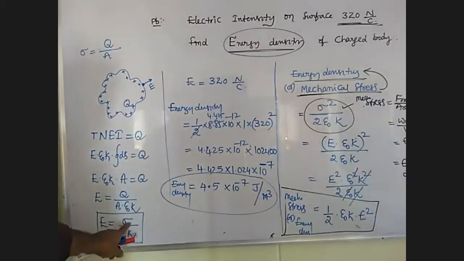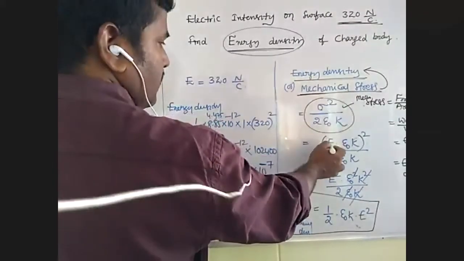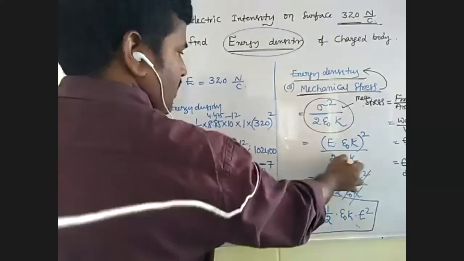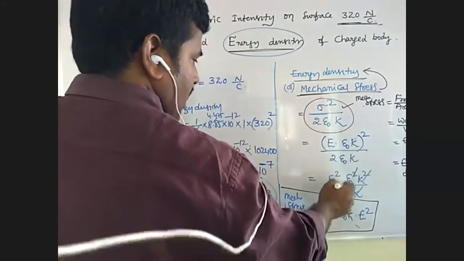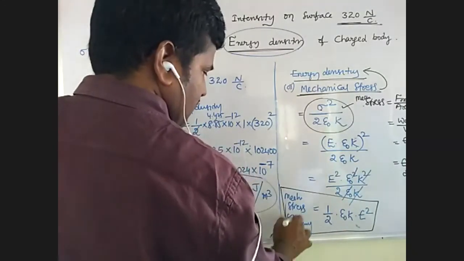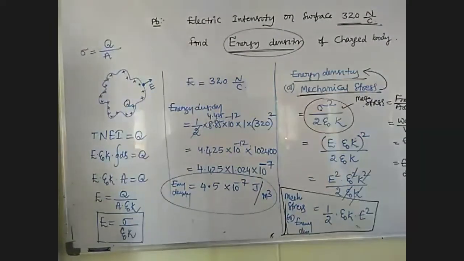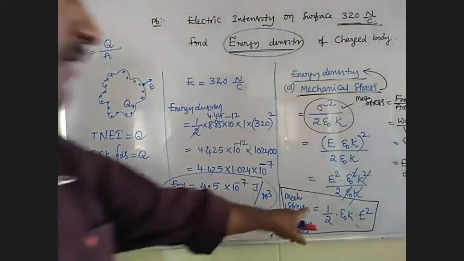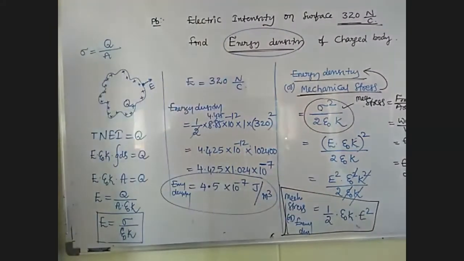E equals sigma upon epsilon naught K, because Q upon area is sigma, and this is the intensity. So sigma equals intensity into epsilon naught K. Sigma equals intensity into epsilon naught K whole square upon 2 epsilon naught K. After simplification, the mechanical stress or energy density is written as half epsilon naught K into E square.